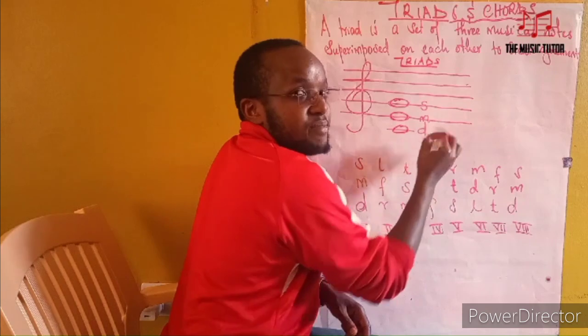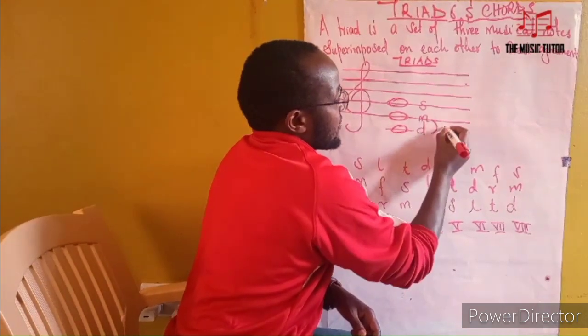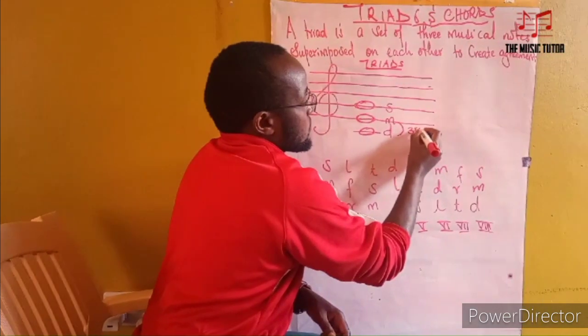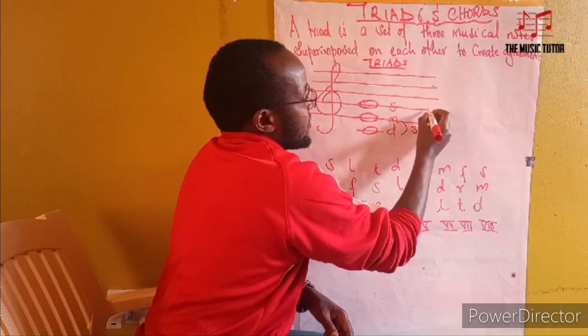A triad is made up of 3 notes. The third, and the fifth.